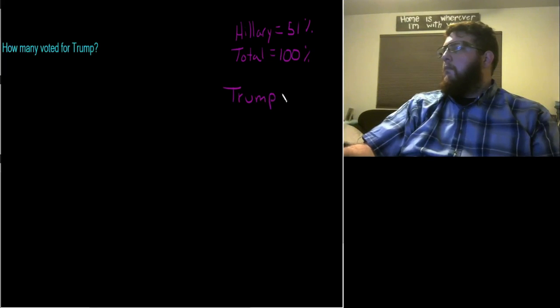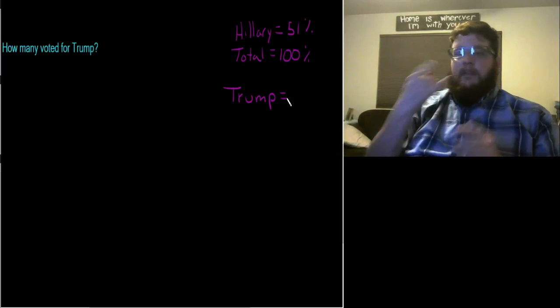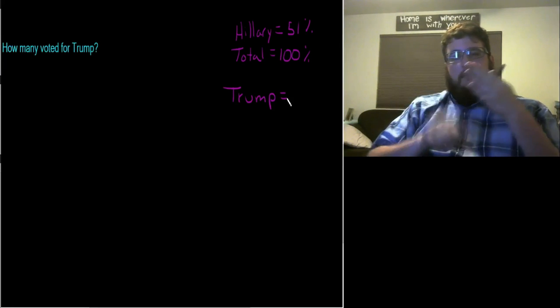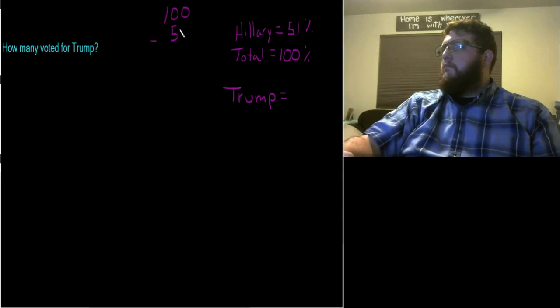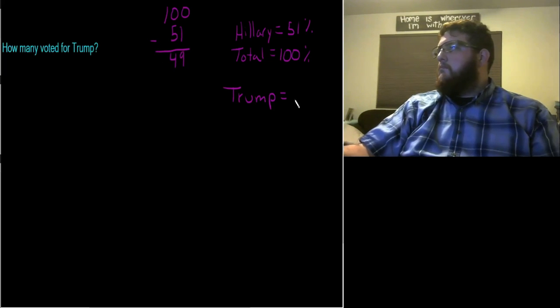If 51% voted for Clinton, in order to equal 100%, I must find a number that added to 51 equals 100, and I can do this by doing 100 minus 51. That will leave me with 49, so now I know that 49% of people voted for Trump.